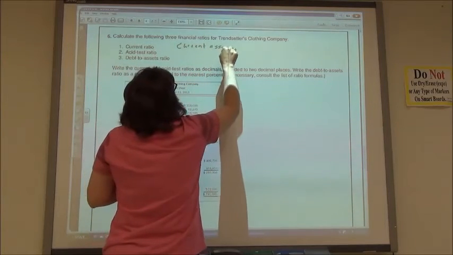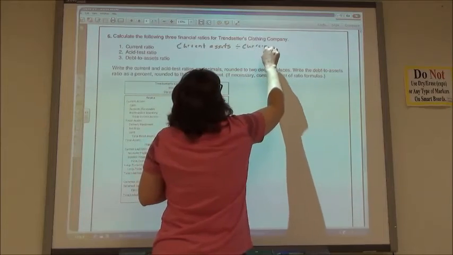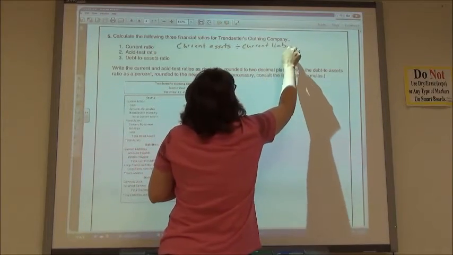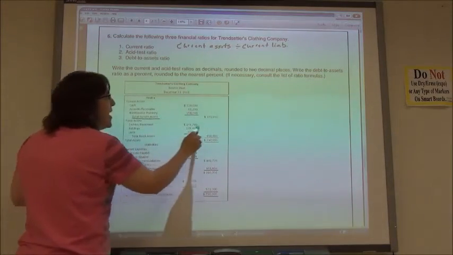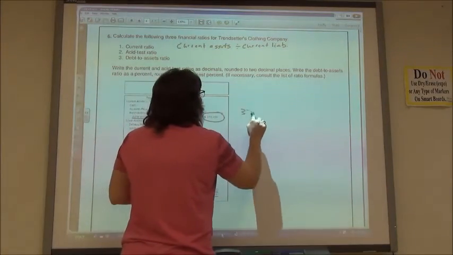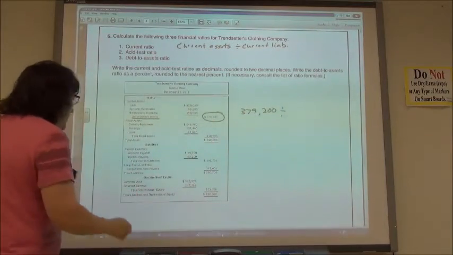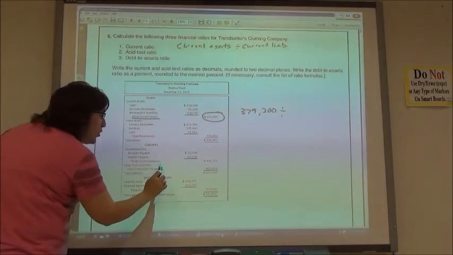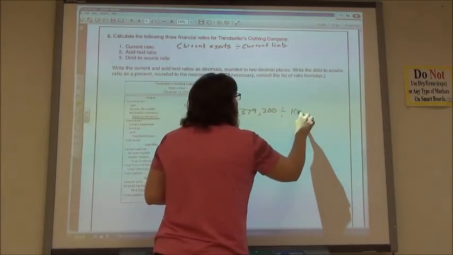Current assets divided by current liabilities. So, total of my current assets, $379,200. Current liabilities, so total of my current liabilities, $102,700.